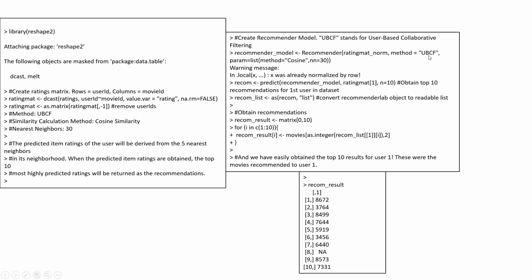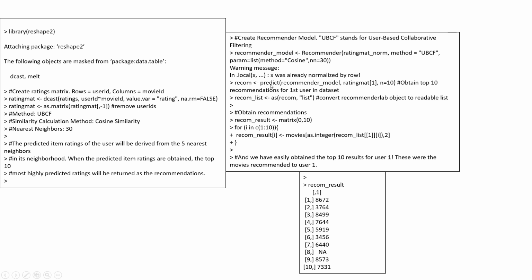Then I use user-based collaborative filtering, using cosine measure rather than anything else, and I'm using the 30 closest ones to average out my results.